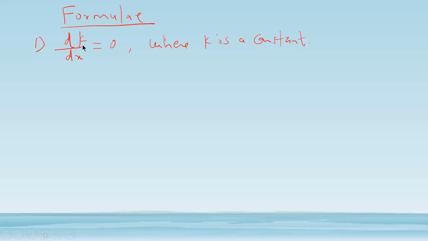Any number is a constant. So the derivative of 5, because a constant does not change value, I explained this initially in the lecture. So for example, the derivative of 5 is 0.